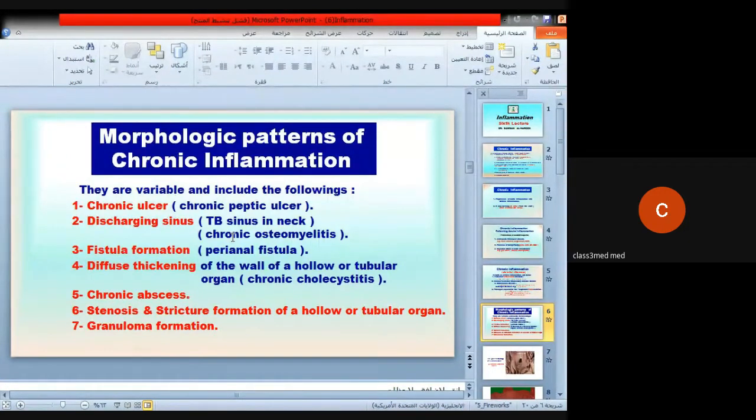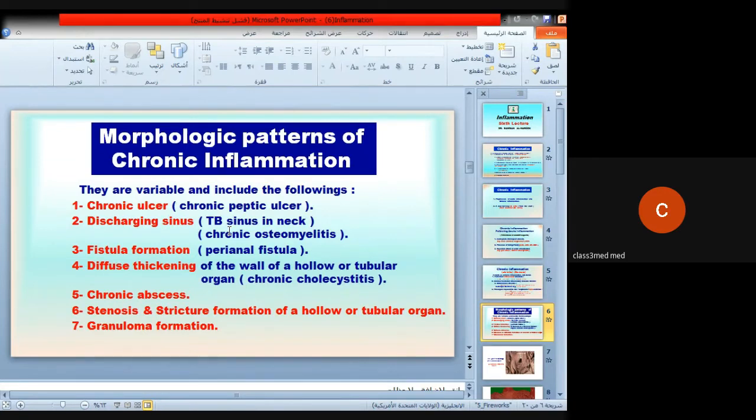The sinus is defined as abnormal tract connect between the body surface or the skin and underlying tissue or structure. It is an abnormal tract. Mention abnormal tract connect between the skin or body surface and underlying tissue or organ.